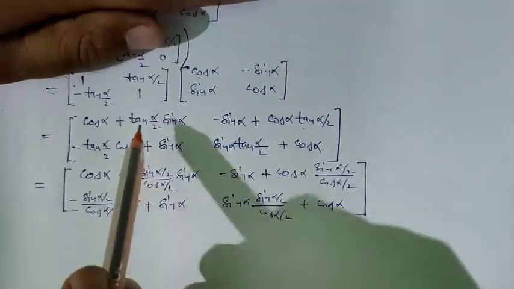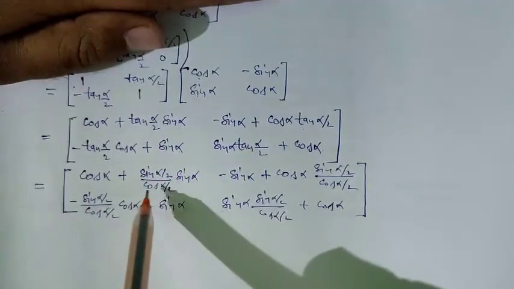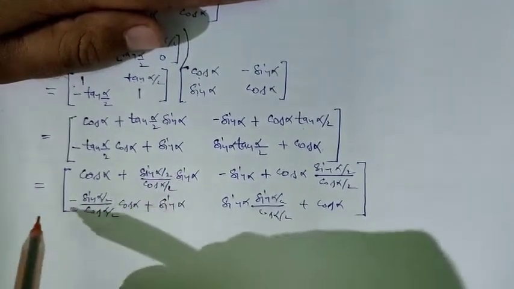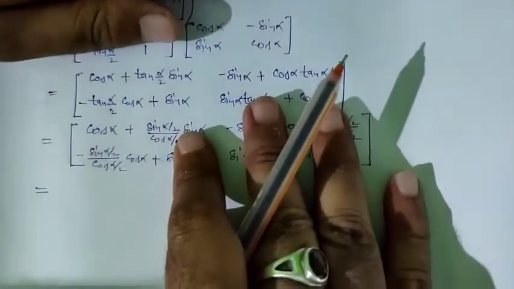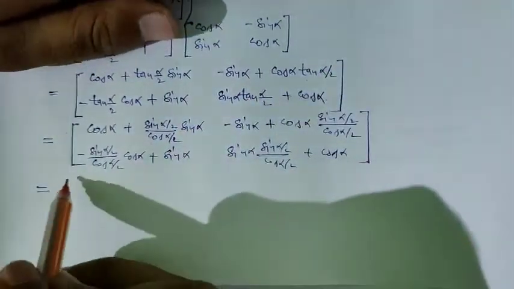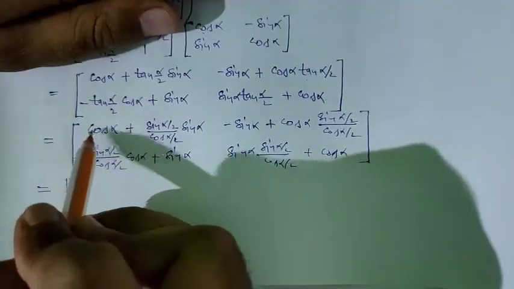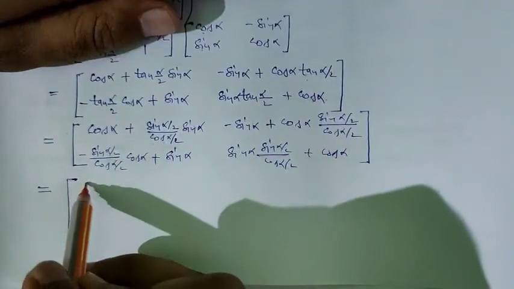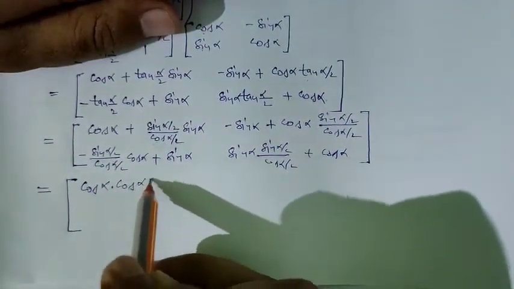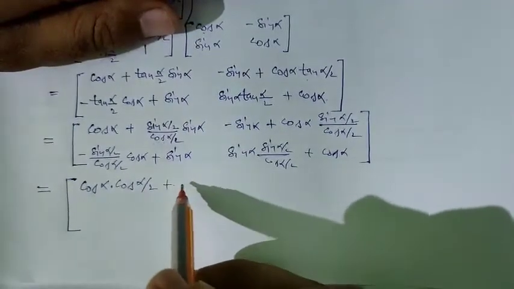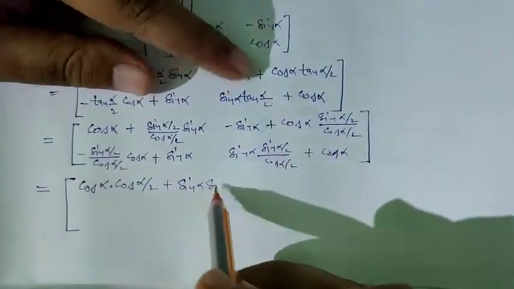Now wherever we have tan alpha by 2, we can replace it with sin alpha by 2 upon cos alpha by 2. Now we will take the LCM. Then we will get cos alpha into cos alpha by 2 plus sin alpha into sin alpha by 2.